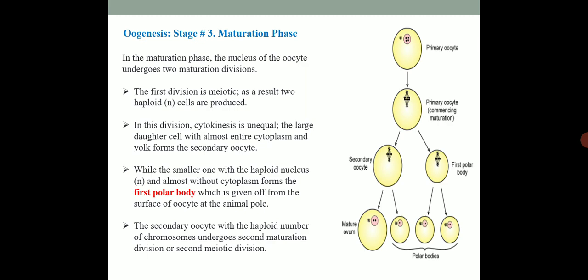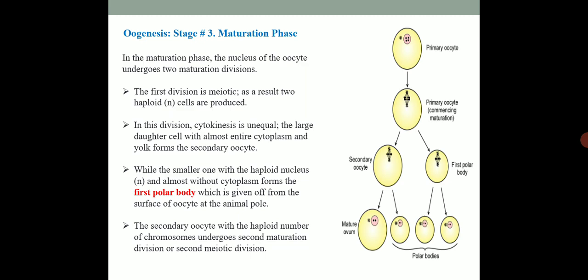See here in the picture, you can clearly see the primary oocyte commencing maturation, and later the cytokinesis is unequal and a large daughter cell with the entire cytoplasm and the yolk forms the secondary oocyte.